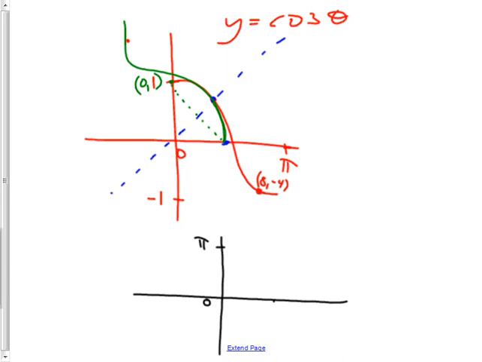And it used to go as high as 1 and as low as negative 1. So it still goes from negative 1 to 1. It's just that my 0 and pi and my 1 and negative 1 got reversed. There's my graph of inverse cosine.